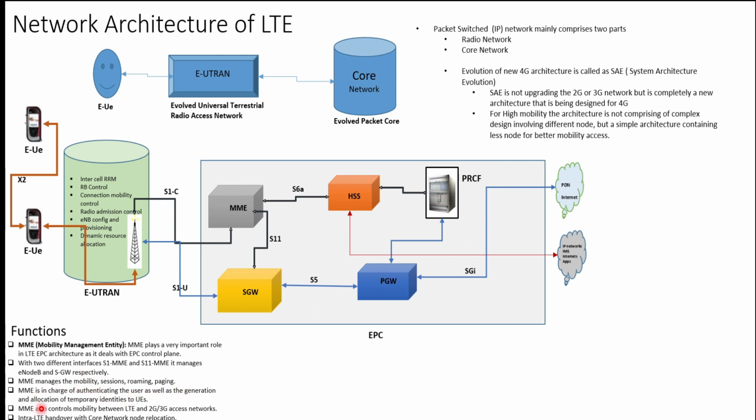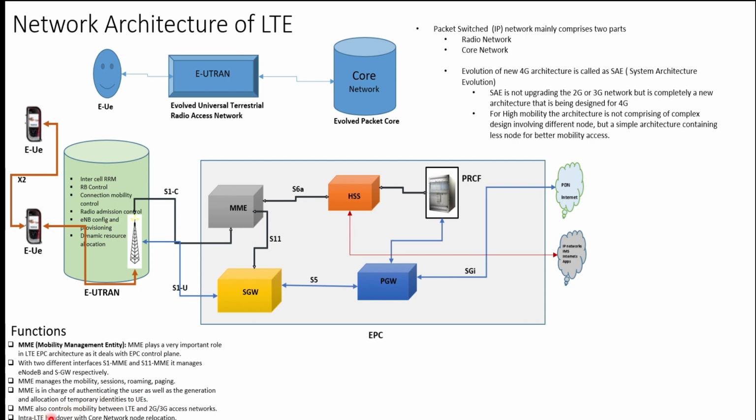It is also responsible for authentication of the users as well as the generation and allocation of temporary identities to UEs. Because normally in the roaming scenario, the resource allocation is temporary. Until the actual user's resource is identified, the temporary profiles of the users will be stored.